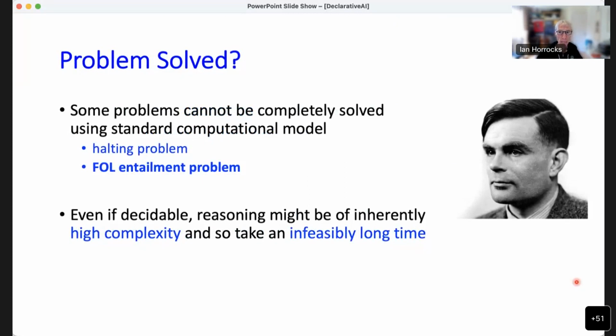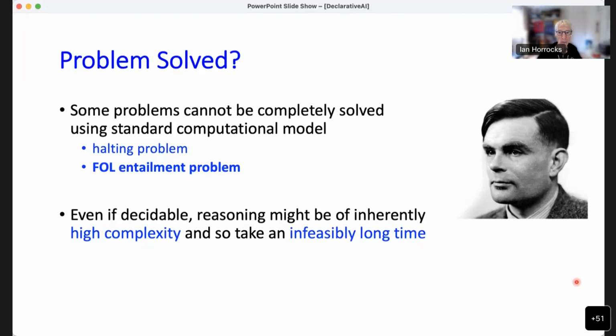And even if we choose a slightly more restricted logic that we can show is decidable, often such logics still have rather high complexity, and so it may mean that reasoning takes an infeasibly long time, and in particular, query answering takes a very long time, and obviously, that's not going to be acceptable for applications.